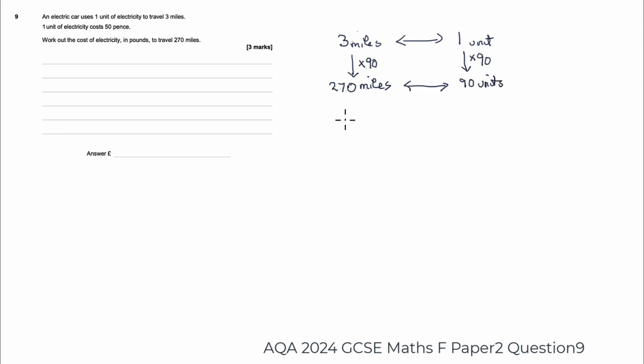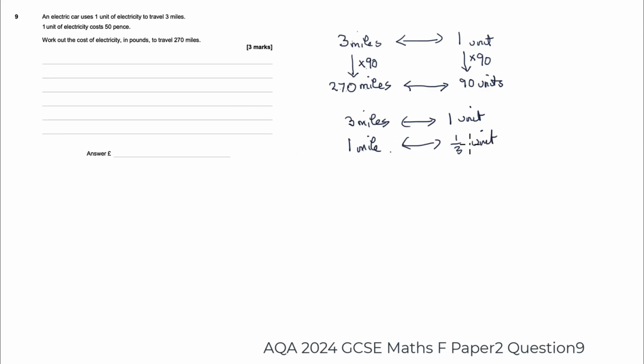Another way of setting it out, 3 miles, you use 1 unit. If you went just 1 mile, that would be 1/3 of the distance. So you'd only be using 1/3 of a unit.